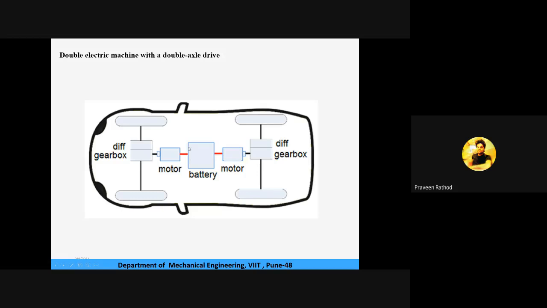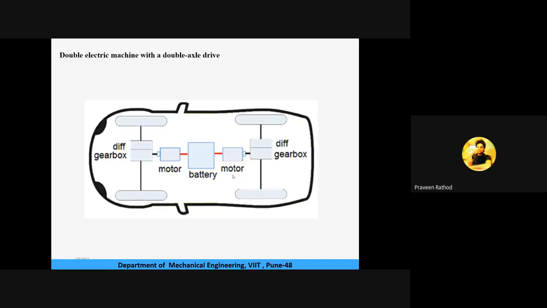You can see one battery used over here, and I can use one more battery for the other axle drive, a separate battery for each. If the whole vehicle has a single battery pack, then I use only a single battery pack.